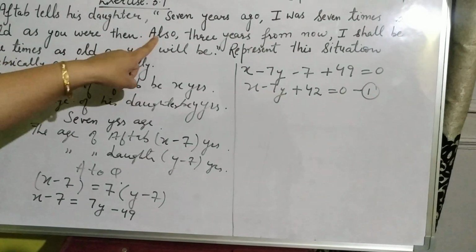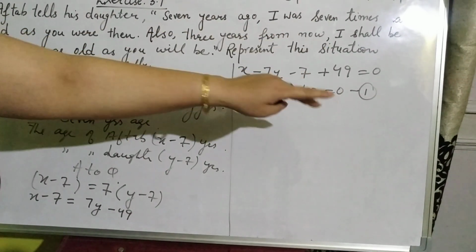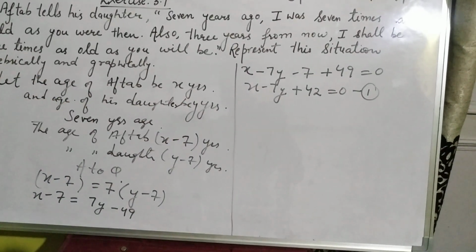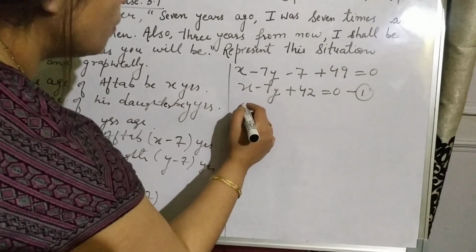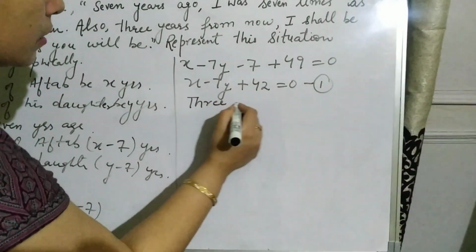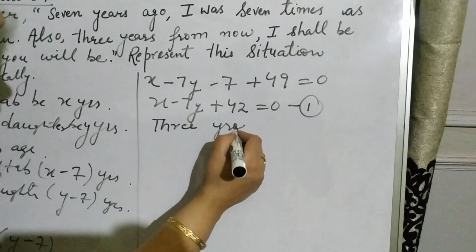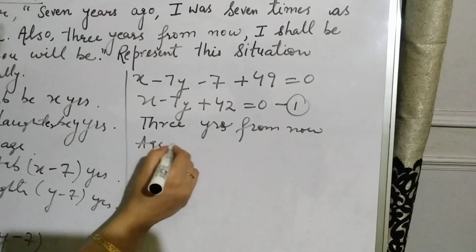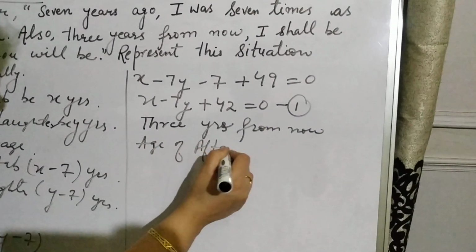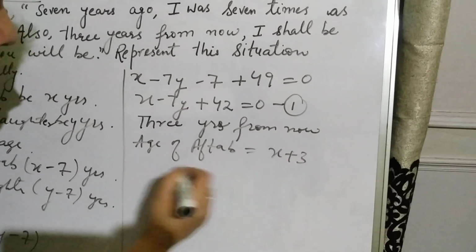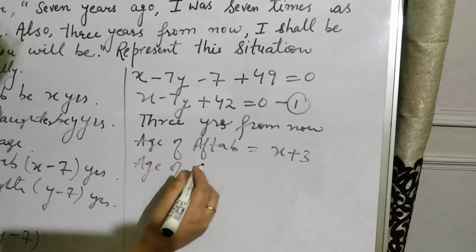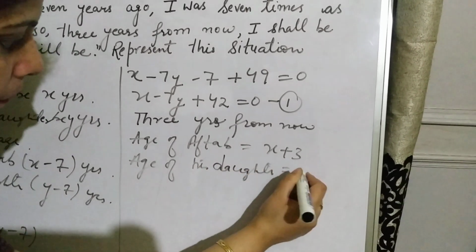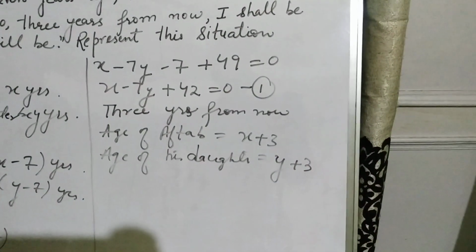Now the second situation is, also 3 years from now. It means if present age of Aftab is x years, after 3 years his age will be x plus 3 years. So 3 years from now, age of Aftab is x plus 3, age of his daughter y plus 3.